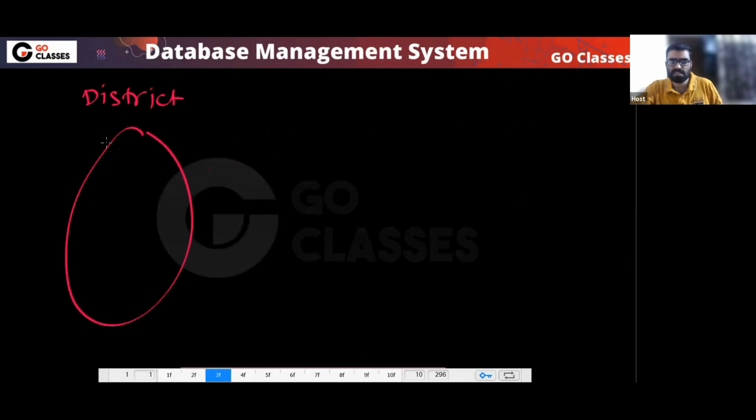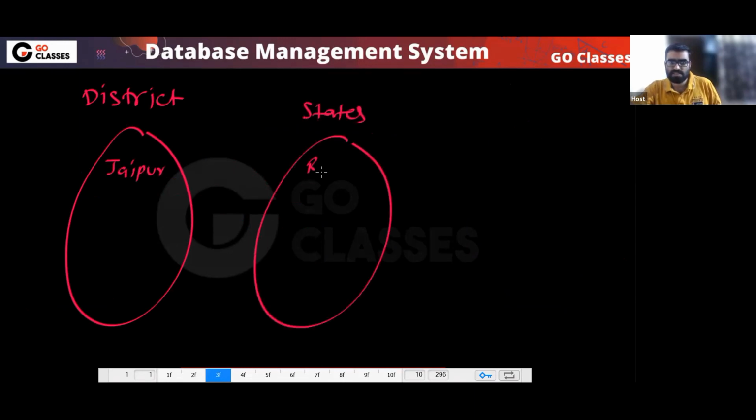If you know, for example, Jaipur, then this is your states, and in these states you have, for example, Rajasthan, Maharashtra, and for example let's assume you have Mumbai, and so on. Maybe Karnataka, and here you have Bangalore.